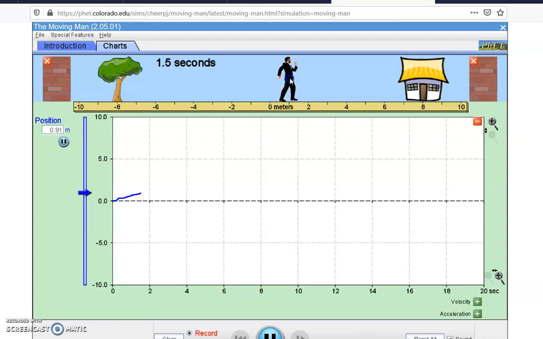Now we'll start to speed up. And as we speed up, we see the lines start to get steeper and curve upwards.